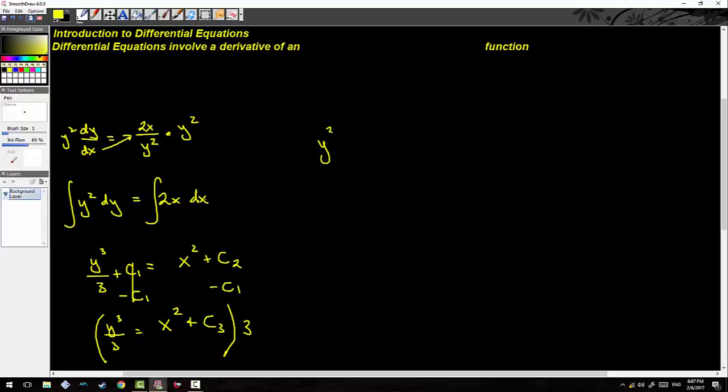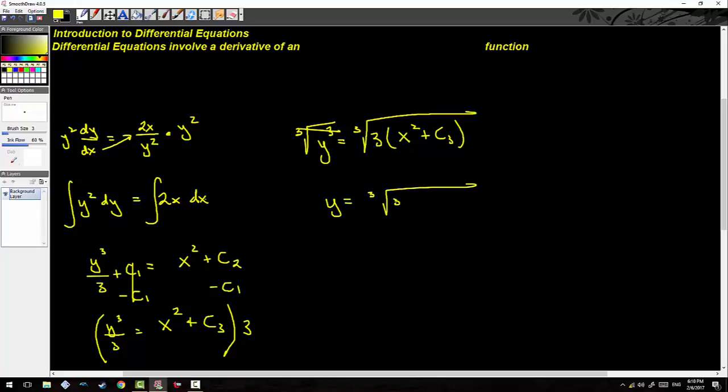So y cubed is equal to 3 times the quantity x squared plus c3. And then from here, I just cube root both sides. And I end up with y equals the cube root of 3 times the quantity x squared plus c3. And that's it. Very cool. Let's try another one.